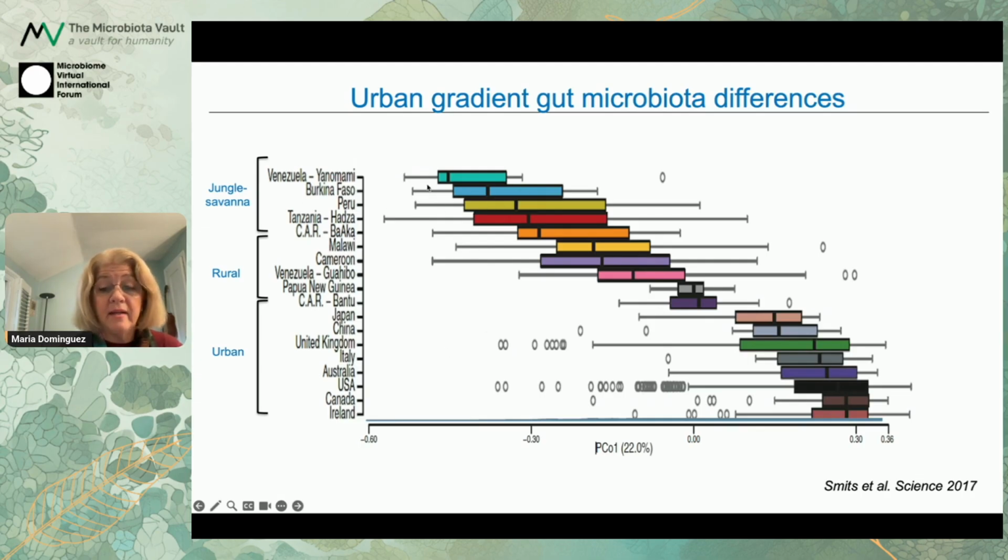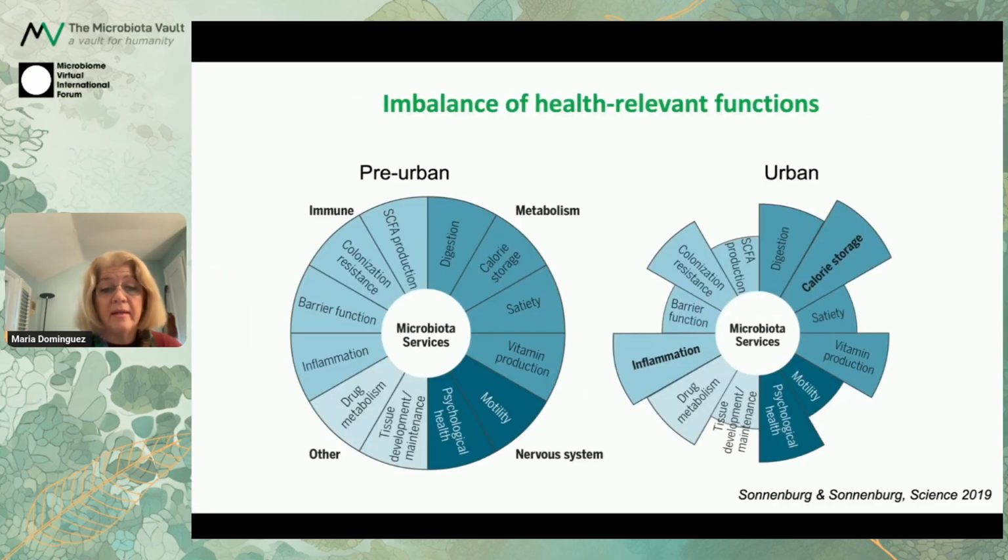On the left side of PC1, you have the very remote, very traditional peoples, jungles of South America or savannas of Africa. Then you have a rural lifestyle, also from Africa or South America. And then you have all the urban countries from Asia, Europe or the US on the right. So this really shows how important lifestyle is, regardless of geography and even diet.